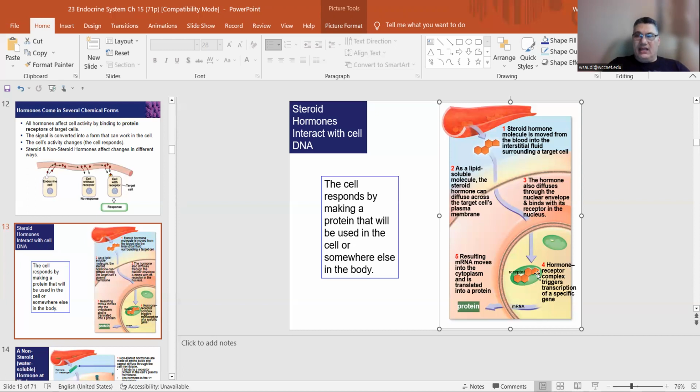When it targets the DNA, it gives orders to the DNA. The DNA is going to make messenger RNA with orders to make a specific protein, and this specific protein will do the job for the cells, depending on the order that's coming.